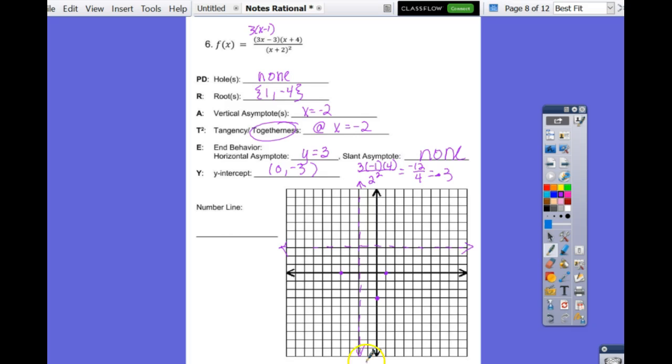So probably this part right here is going to be positive. This part right here is going to be negative. This is going to be negative. And this is probably positive. Okay? So I'm going to test -4, -2, and 1.